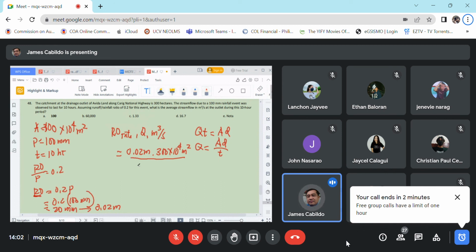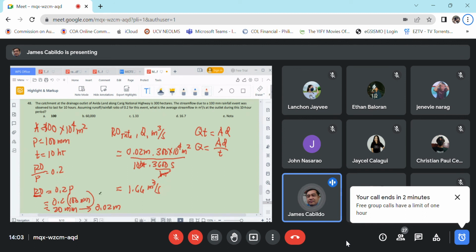Gawin nating seconds. Yung time natin is 10 hours. Okay, convert natin into seconds. So, we have to multiply by 3,600 seconds per hour. So, cancel yung hour. So, the answer in here is 1.66 cubic meters per second.